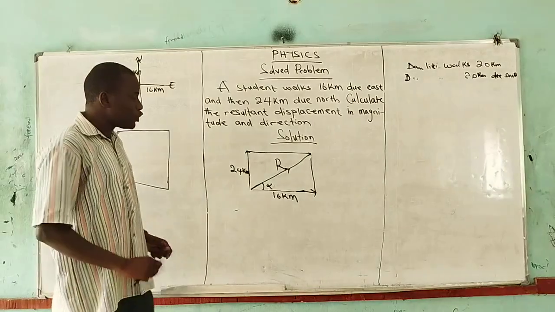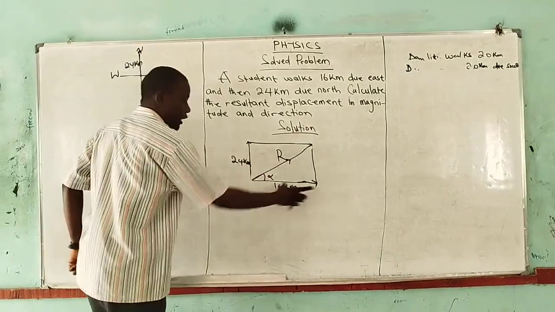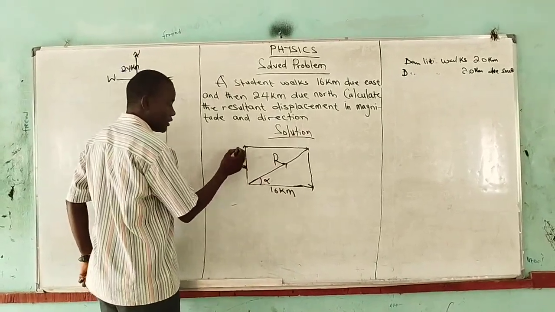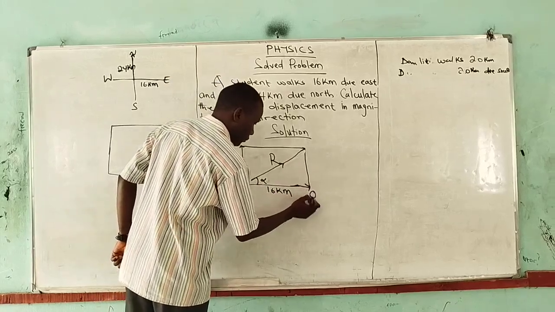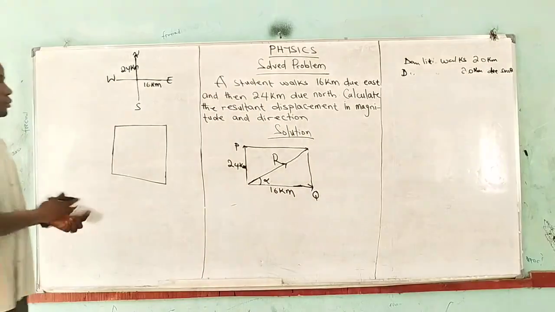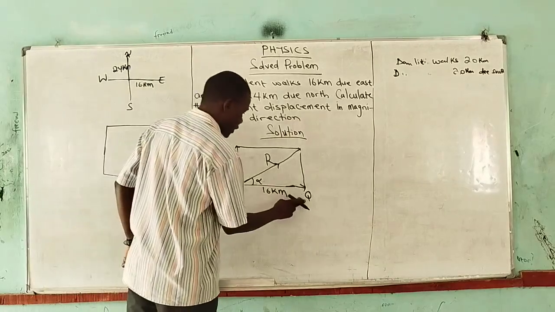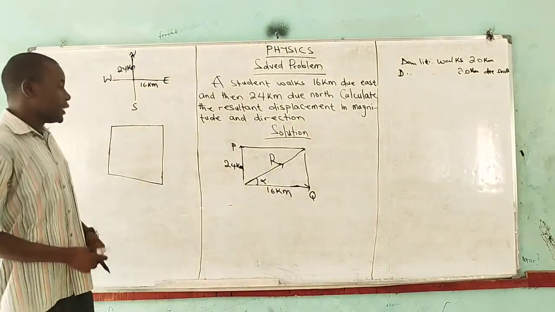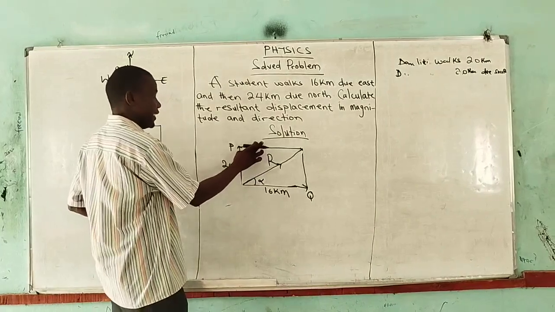So look at it. So if we want to find this, okay, let me label this. Let me call this P. Let me call this Q. Here, Q, whatever, just like that. So what is this? If this is 16, this is also 16. Okay.